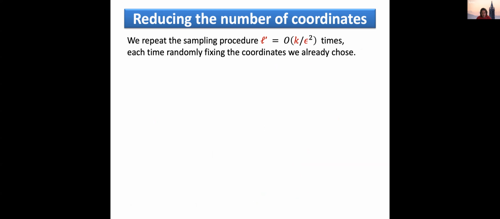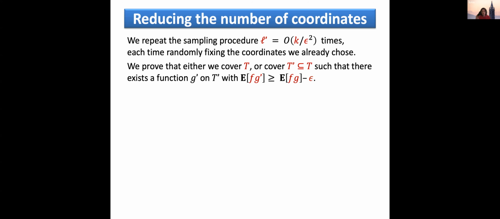And there are some details to deal with, in terms of making sure we randomly restrict the variables that we already queried so that we don't sample them again. But the high level is clear. We just repeat the sampling procedure O of k times, and either we will have sampled every coordinate inside T, or we'll sample every coordinate within some T prime.